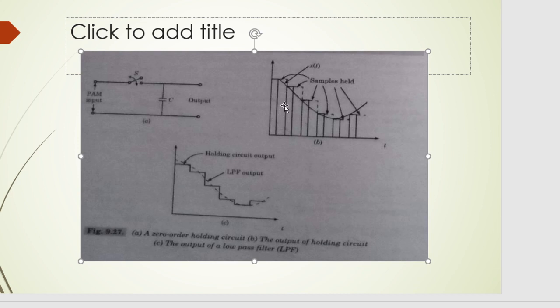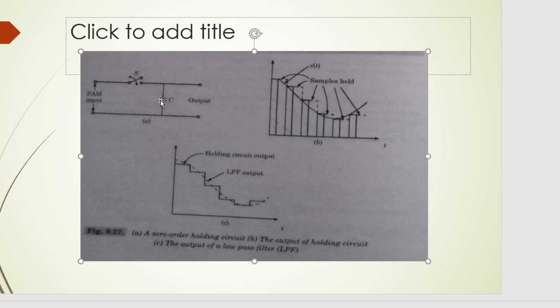Okay, so the cycle is repeating. Now if the next pulse is arriving, again the switch S will be closed. Now the capacitor again will charge up to that maximum point, and during this time slot, switch S will be open. So since there is no path for the capacitor to discharge, it will hold the maximum value.